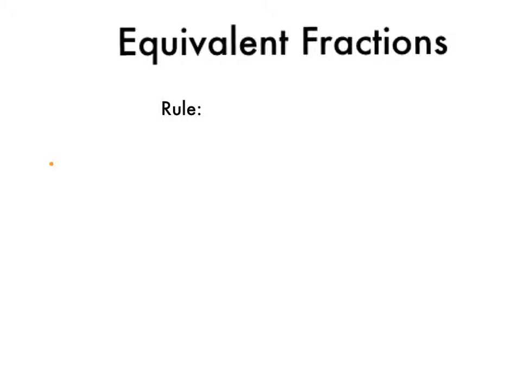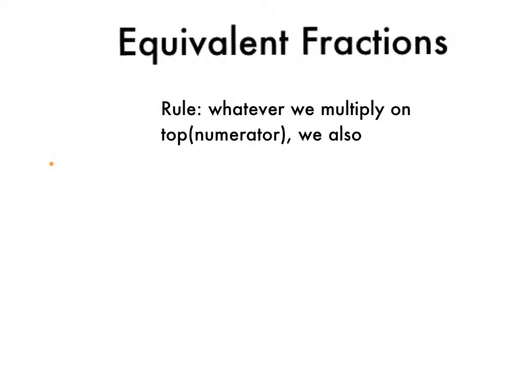All right, so let's try this again. Whatever we multiply on the top, the numerator, we also multiply on the bottom, which is the denominator, much like the Terminator, but different.